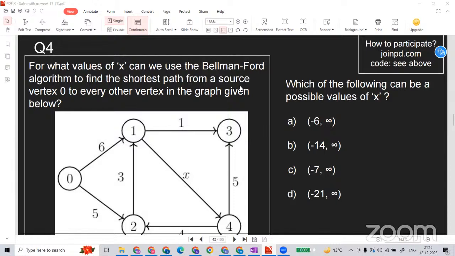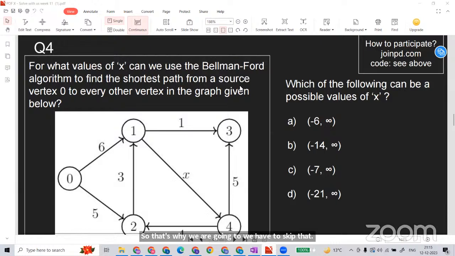If it is -6, then in that case it has a positive weight cycle, but even -6.5 will also work. So that means some boundary is not working for minus. It has to be greater than -6. If it is -14 to infinity, that is option B. If you take -8, it is available in that interval. So in that case we are getting -8, so we have to skip that.